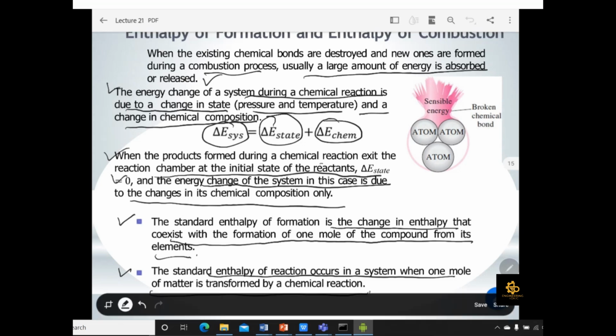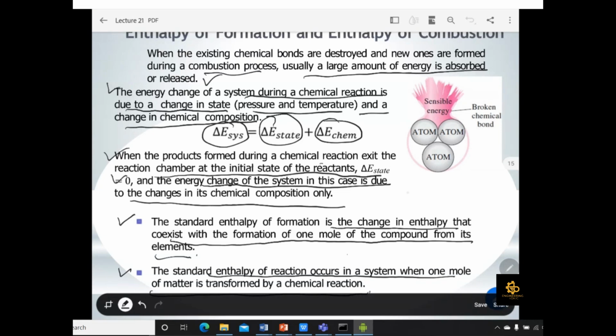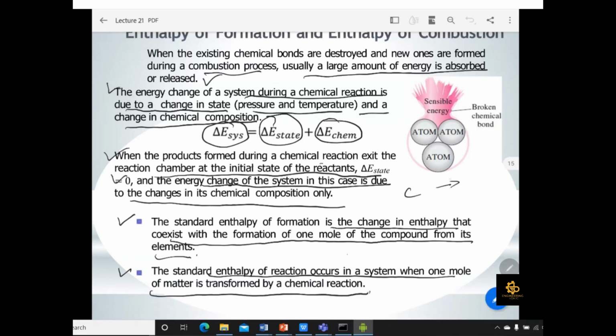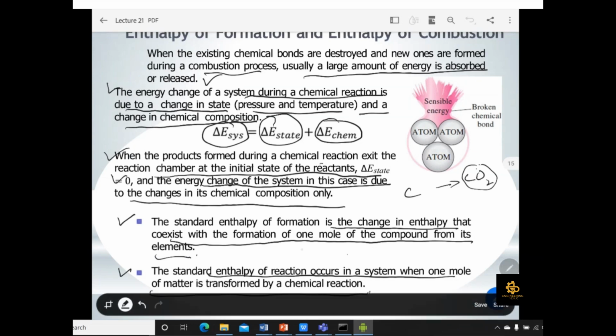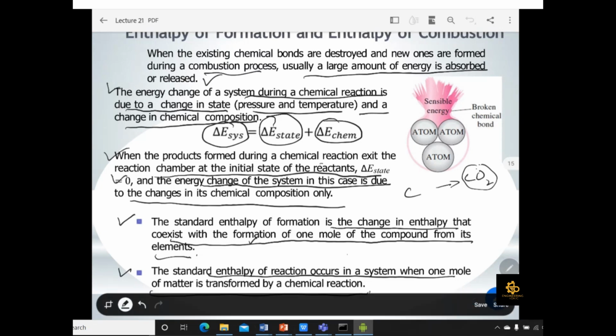Okay, so from here you can easily judge the standard enthalpy of formation. For example, if we have carbon on the reactant side and we get CO2 on the product side, I'm just giving an example, there is a formation of one mole of compound from its elements.